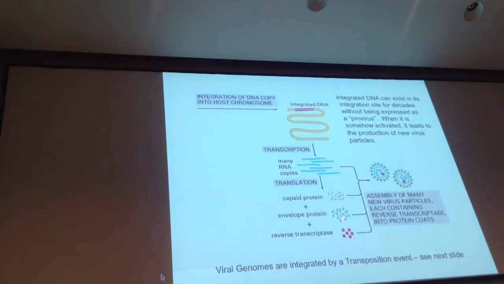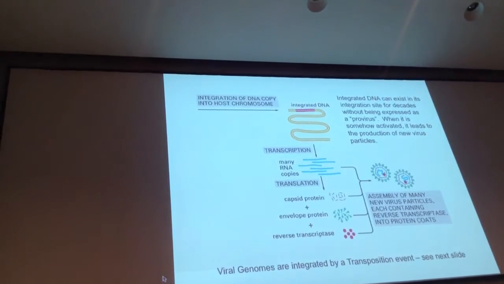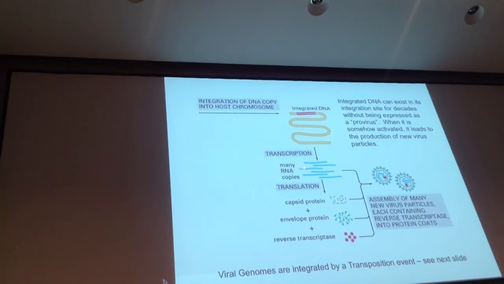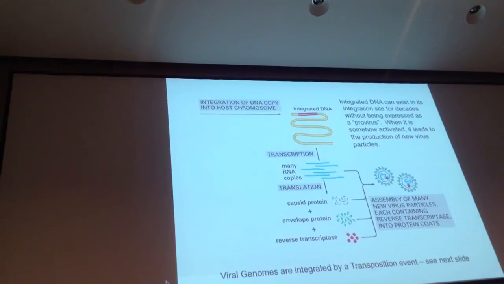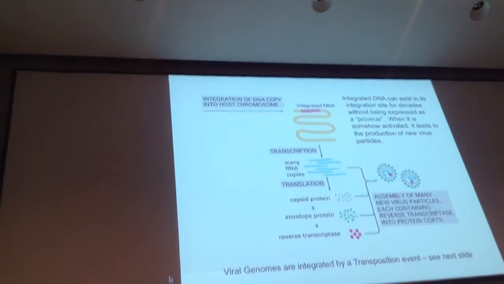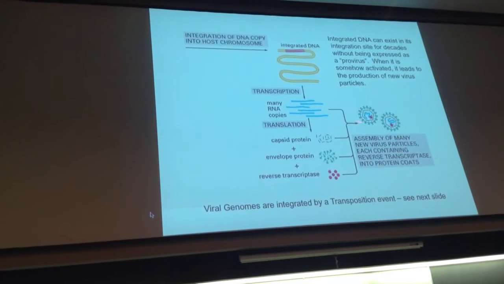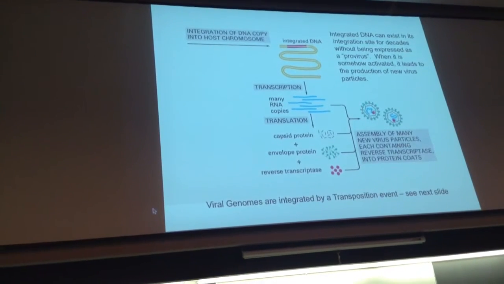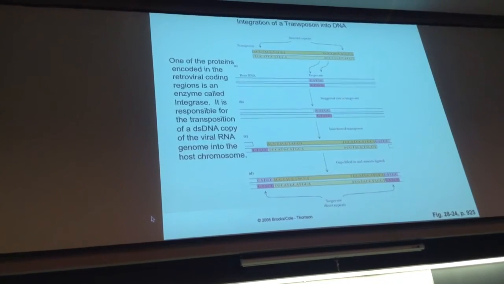These are the envelope proteins, those GP120 proteins, the reverse transcriptase, the enzyme itself. Some of them bind to a piece of tRNA to make a primer. They assemble in the cell to form that virus inside the capsid, and then the capsid buds out of the cell. And as it forms a bud, it comes out, the host membrane comes around and becomes a little membrane around the capsid. That's the total cycle for the RNA tumor viruses.